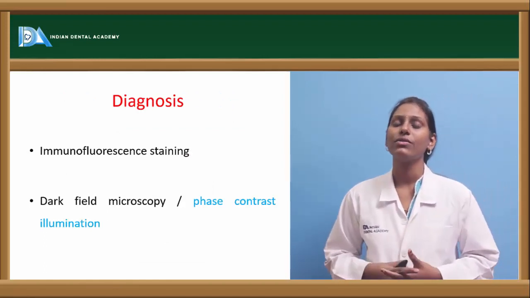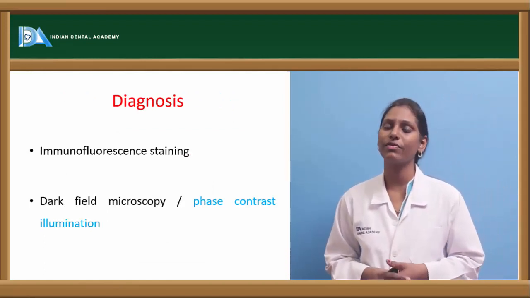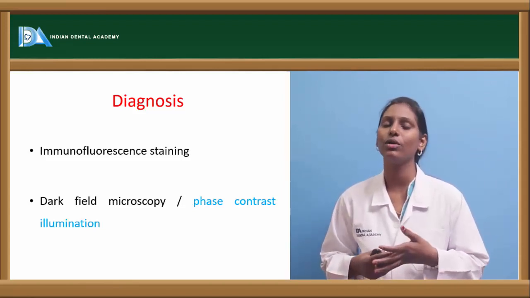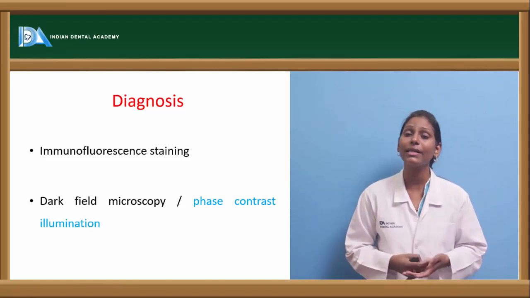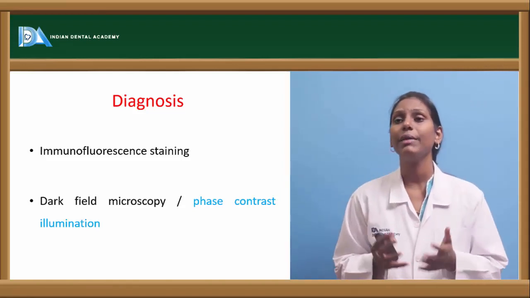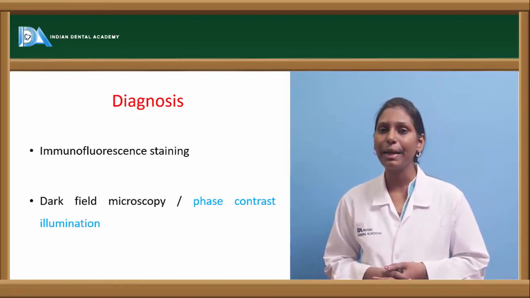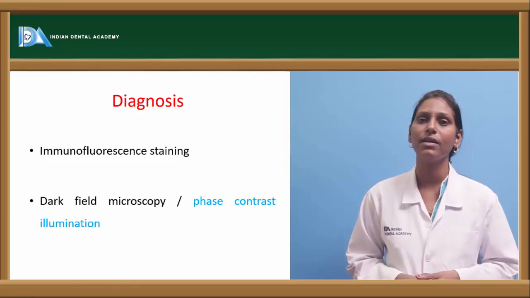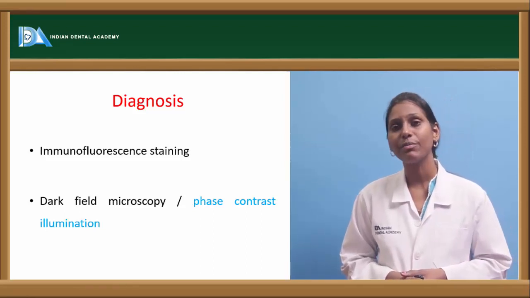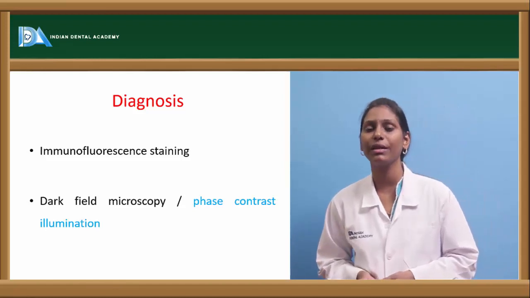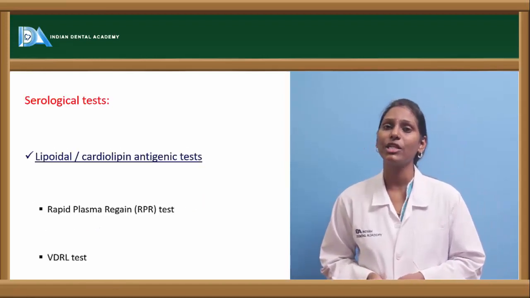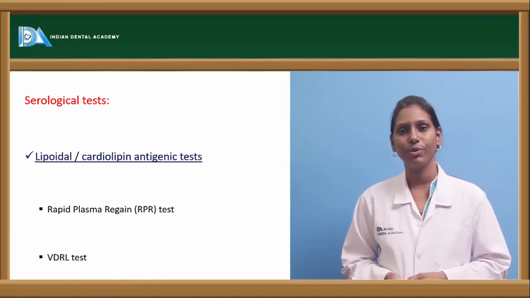Now, coming to diagnosis, how do we actually diagnose? We have seen the clinical features and the pathogenesis of syphilis. Coming to diagnosis, immunofluorescence staining will help us in identifying syphilis. As I already said, because it is a motile organism, dark field microscopy or phase contrast illumination will help in identifying this treponema.